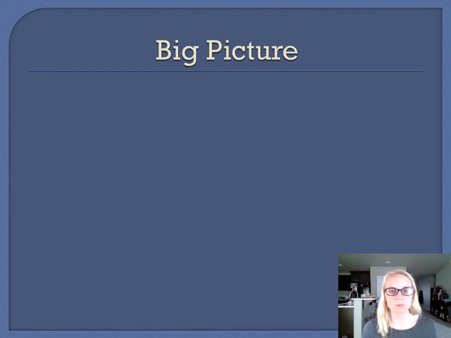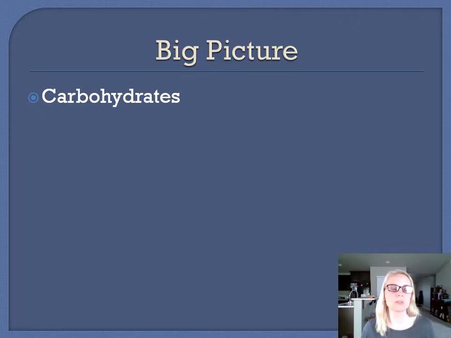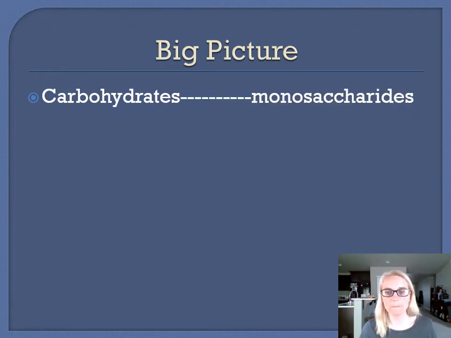So I wanted to remind us what those things are that we're working to absorb. If you remember our major macromolecules, carbohydrates, you might remember those: carbons, oxygens, hydrogens. These are things like starches and sugars and polysaccharides, and they're made of building blocks. What carbohydrates are made out of are monosaccharides.